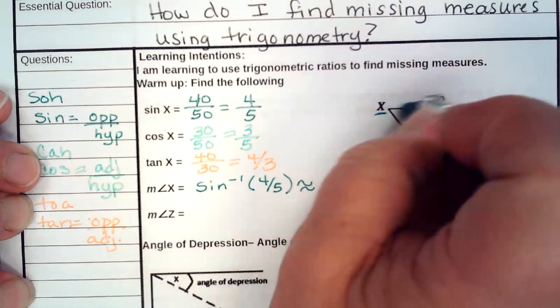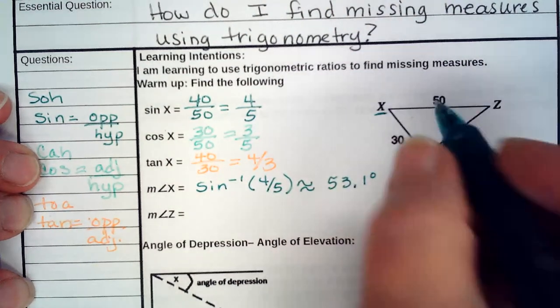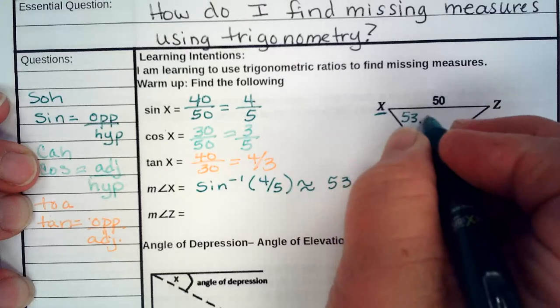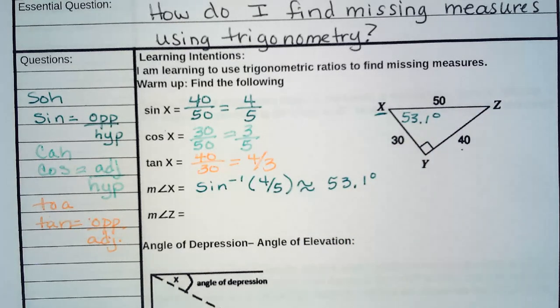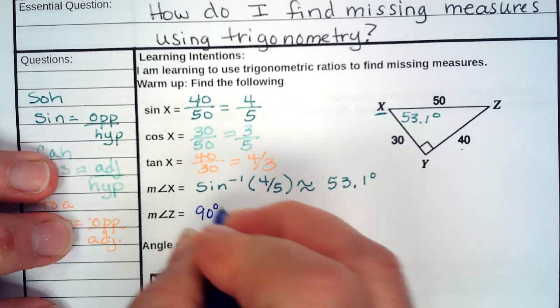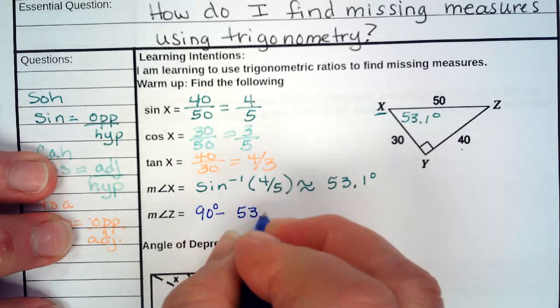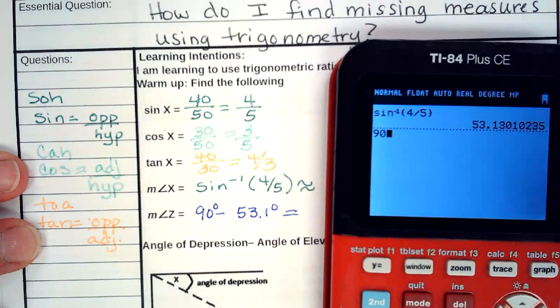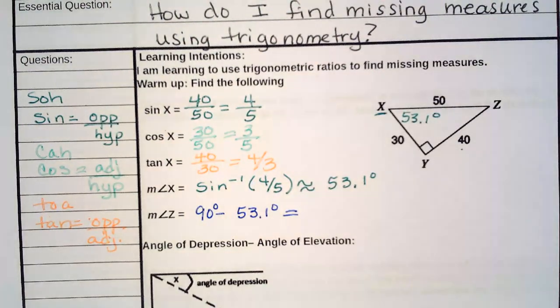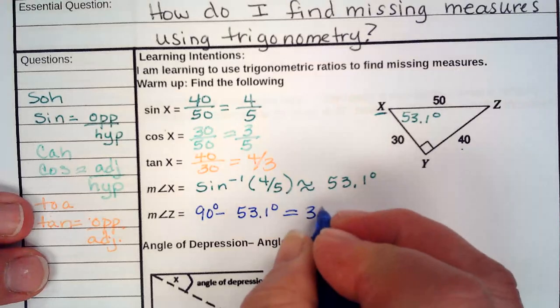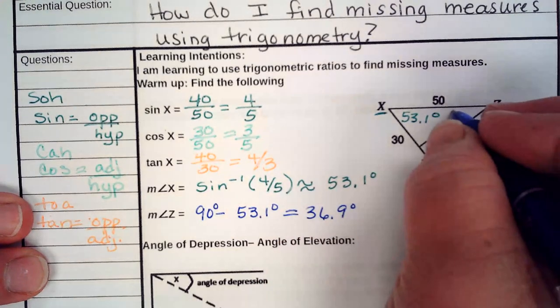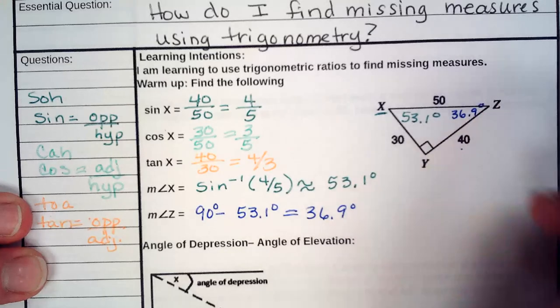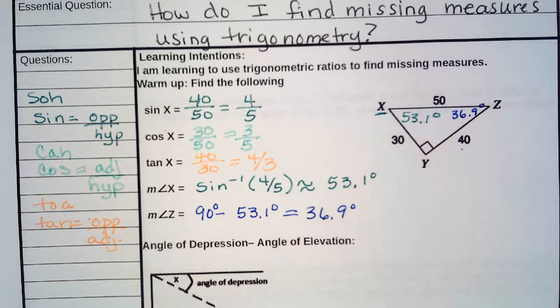It's approximately, it's not exactly. Okay, now to find that last missing measure, I think I will take 90 degrees minus 53.1 degrees, and what do I get? 36.9 degrees. We've found all the missing measures.